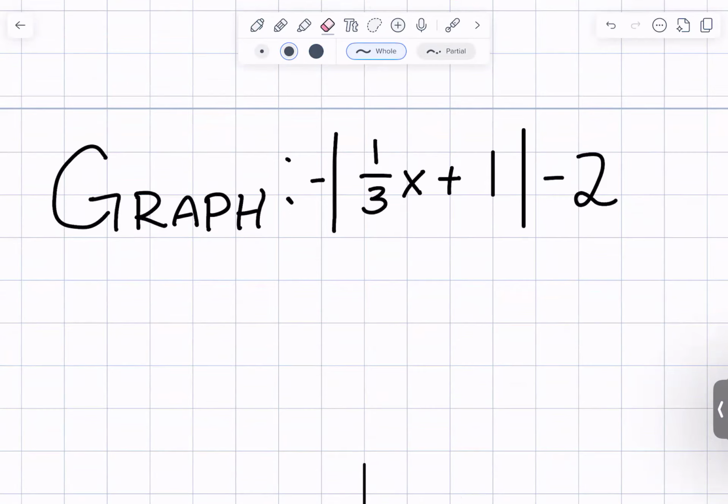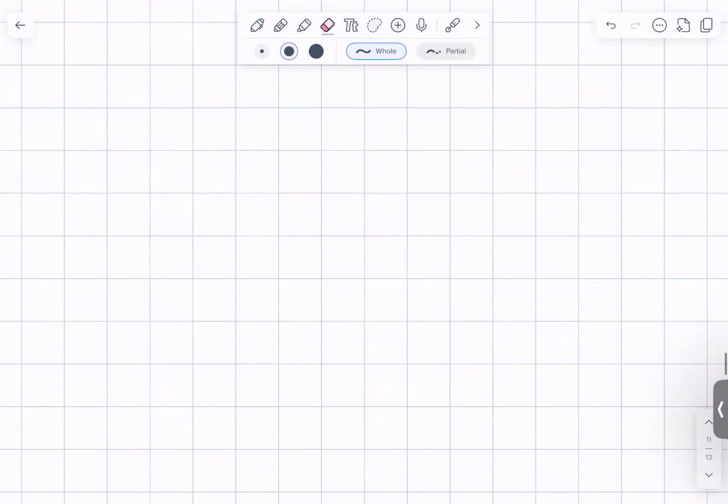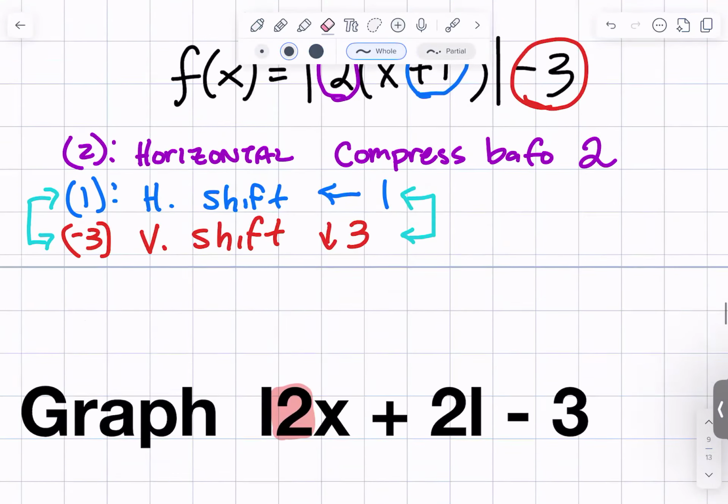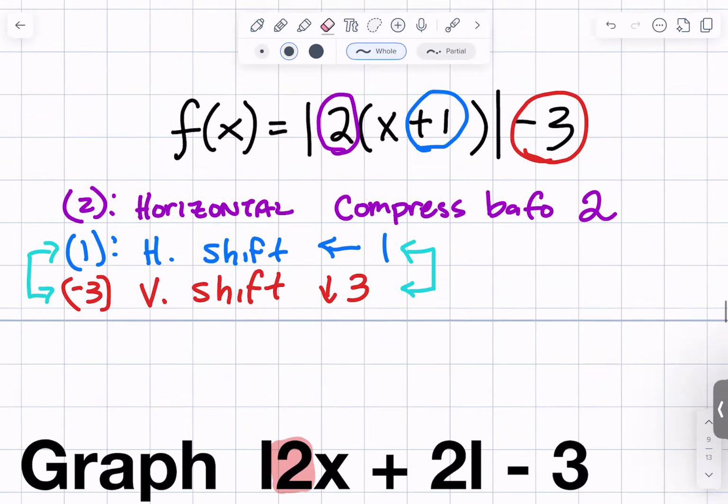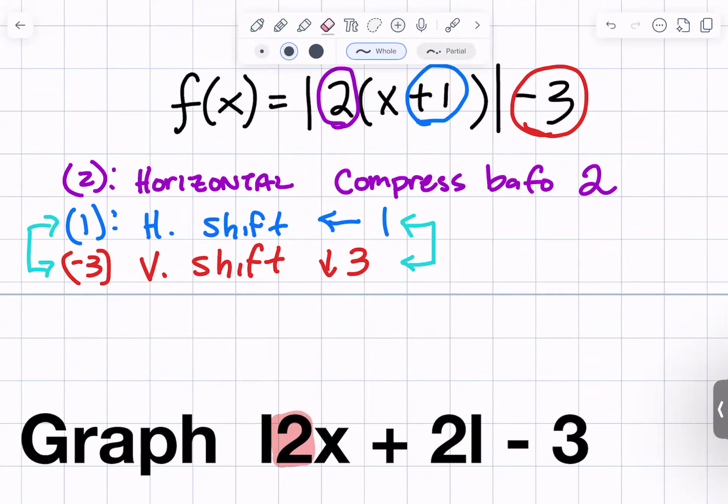All right. Why do we have to simplify like that? Why do we have to factor out the x? Because it's on the inside, right? That 2 is essentially being multiplied by everything on the inside.